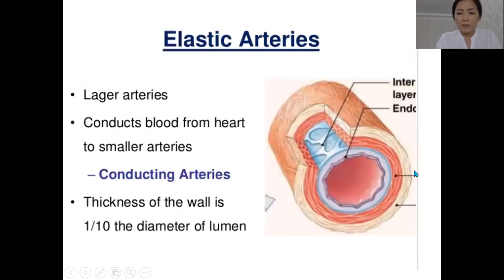Elastic arteries, we said, are the largest arteries. They conduct blood from the heart to smaller arteries. That's why we can say morphologically elastic artery, but functionally these are conducting arteries, because they conduct blood from the heart to smaller arteries.